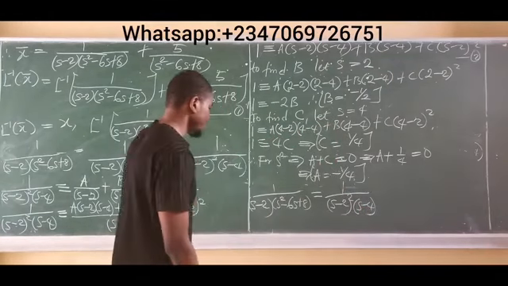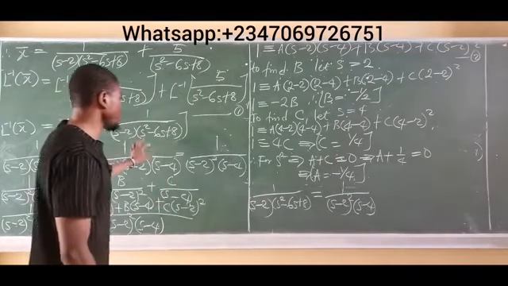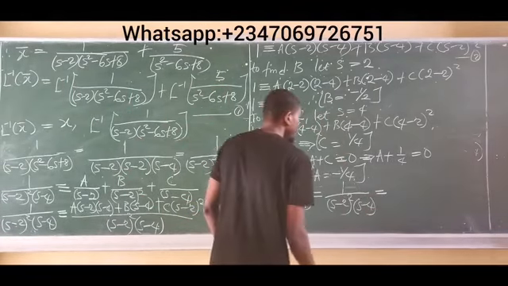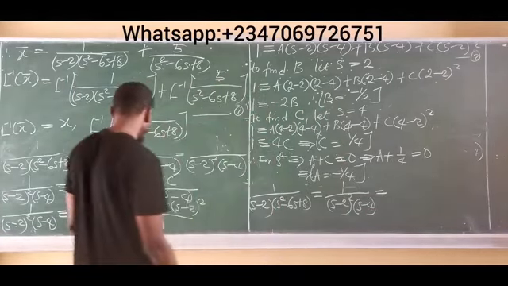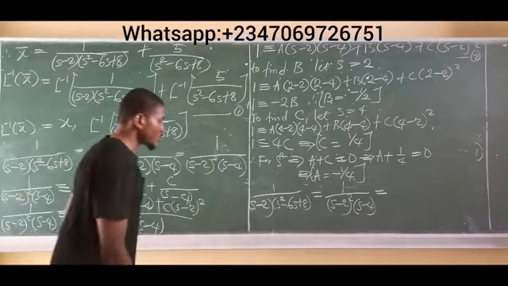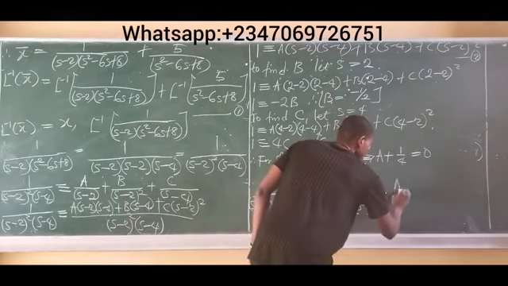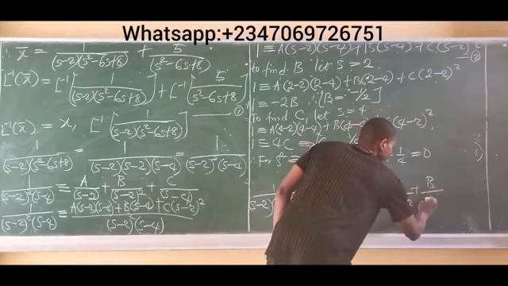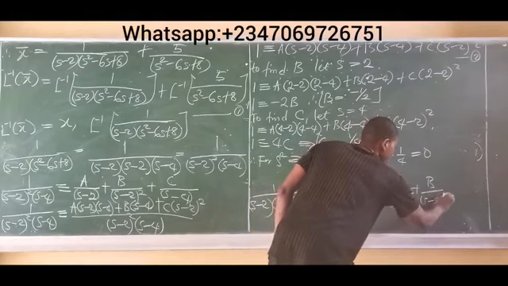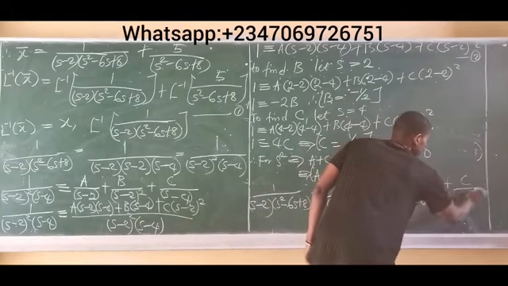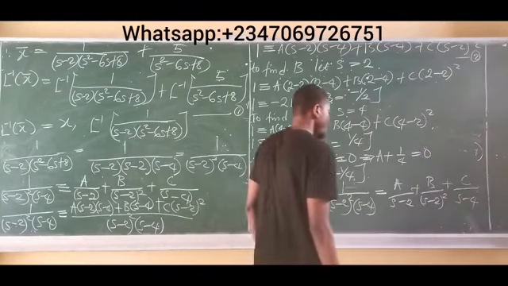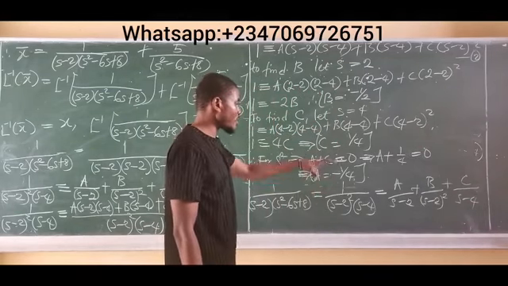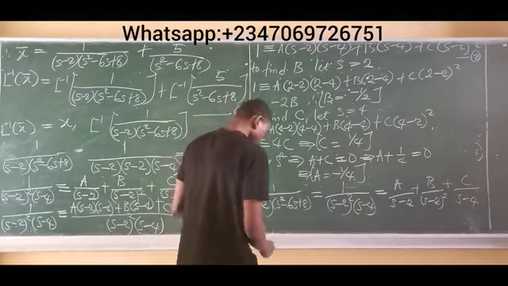And we said this is equivalent to a over (x minus 2) plus b all over (x minus 2) all squared plus c all over (x minus 4). Now we know the values of a, b, and c. Let's plug them into this equation.